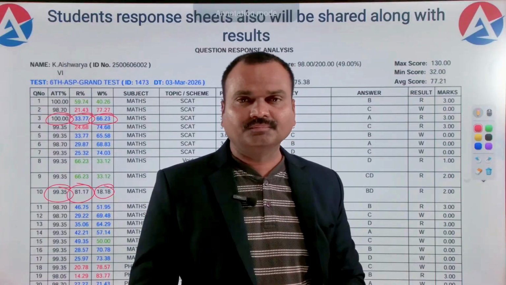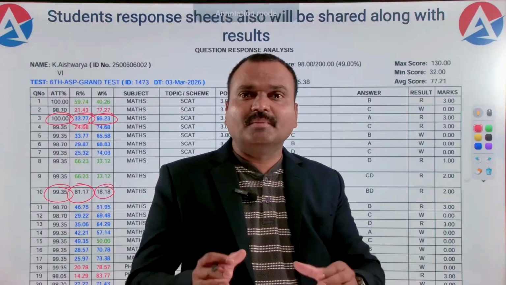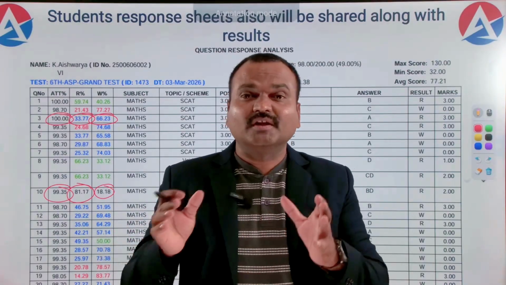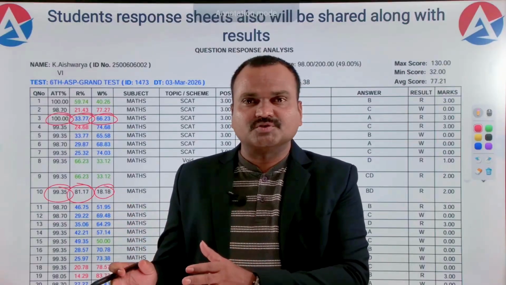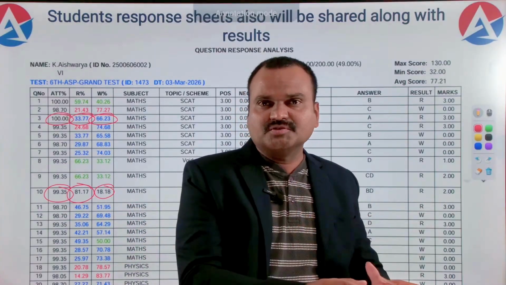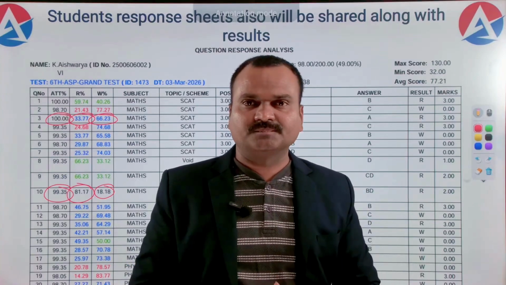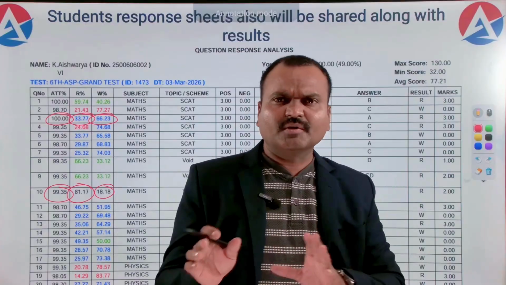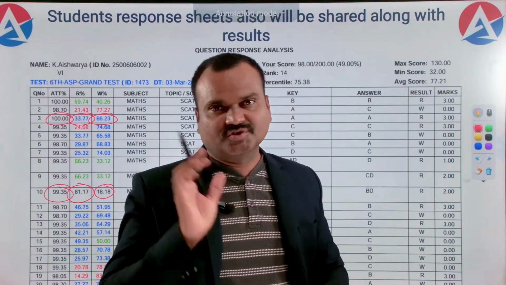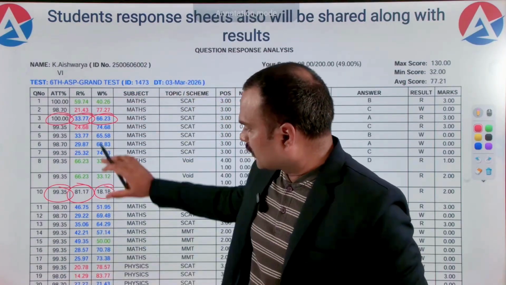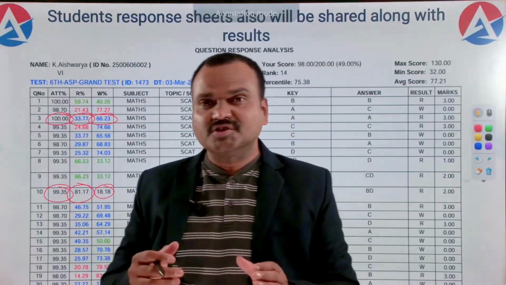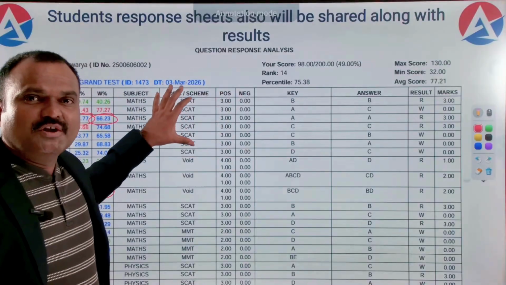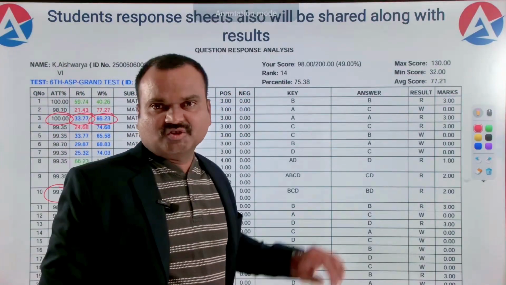If any student in our classroom made it wrong, we can ask them to get up and question them: even though it is a simple question based on a simple concept, why are you not able to make it correct? Whether they didn't listen in the classroom or didn't take the examination seriously, whatever it is, we can question them immediately, question to question. So to counsel the students and to check the students' results question to question, this student response sheet will help you a lot.